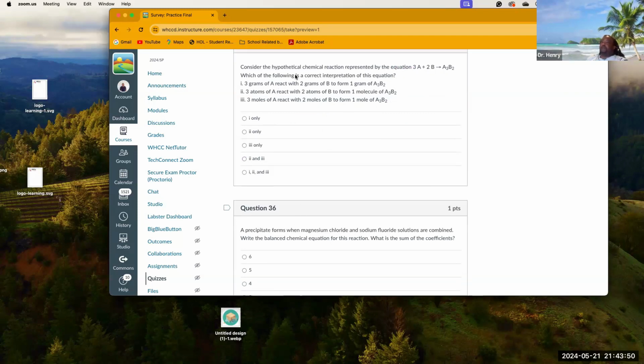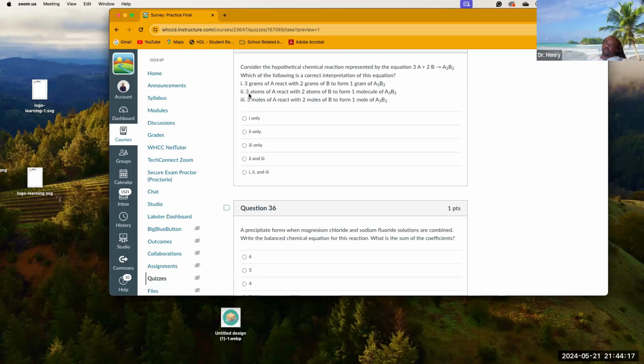Okay, consider the hypothetical chemical reaction represented by the equation 3A plus 2B yields A3B2. Which of the following is the correct interpretation of this equation? 3 grams of A reacts with 2 grams of B to form 1 gram of A3B2.